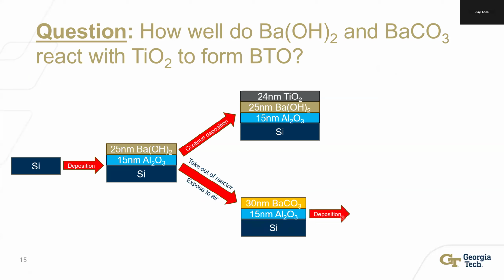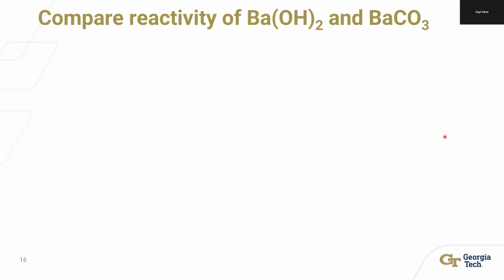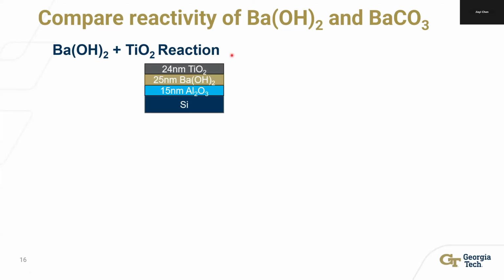And then we continue our deposition and cap a layer of titanium oxide on top. Then we anneal these two structures at 700 C for 2 hours. And let's see the difference between these two structures. And thus we can compare the reactivity of barium hydroxide and barium carbonate.